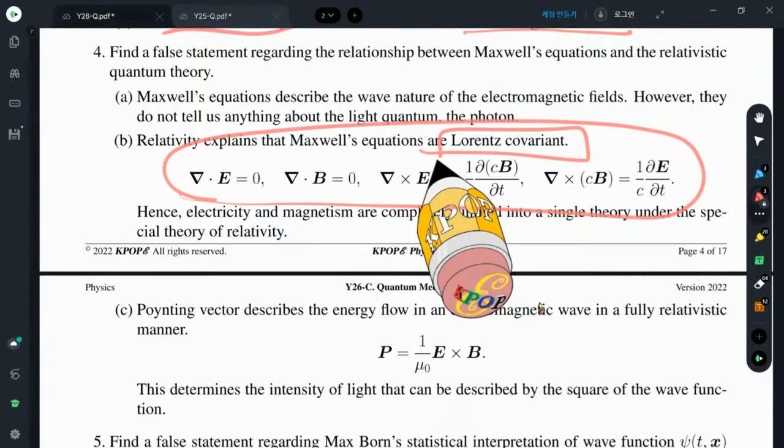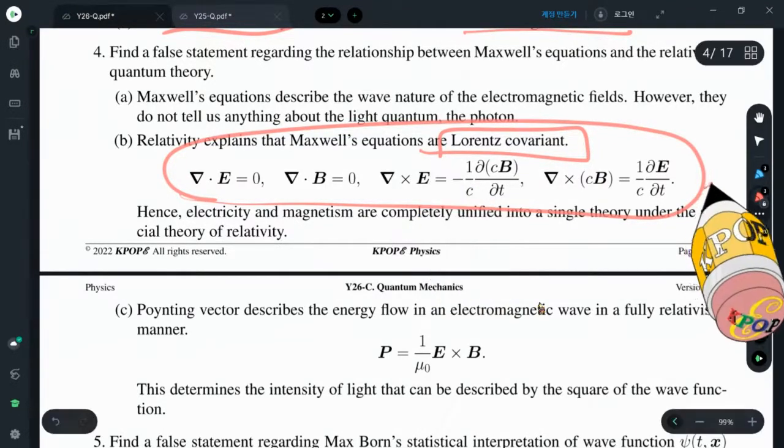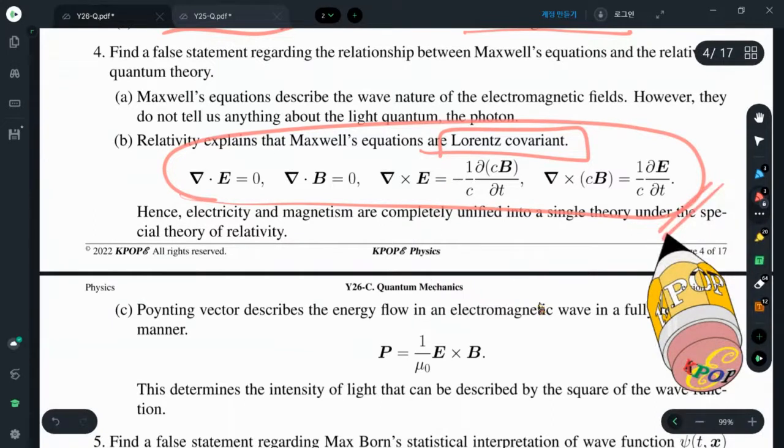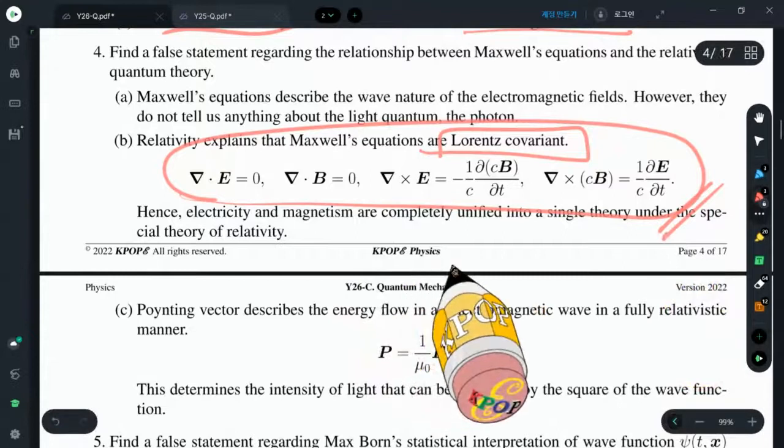And under the Lorentz transformation, these four Maxwell's equations become completely covariant, systematic. So everybody is happy now.